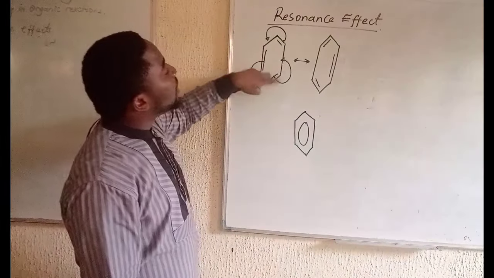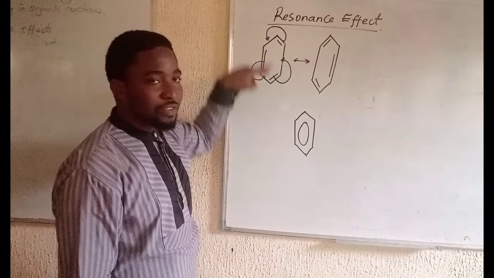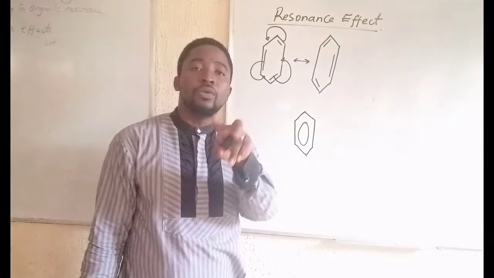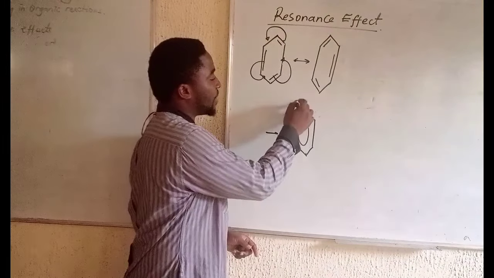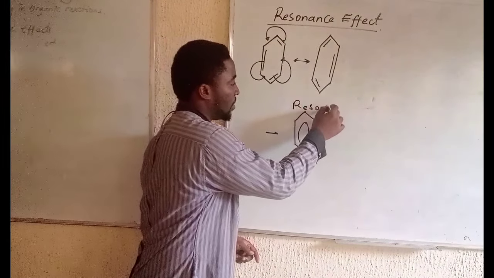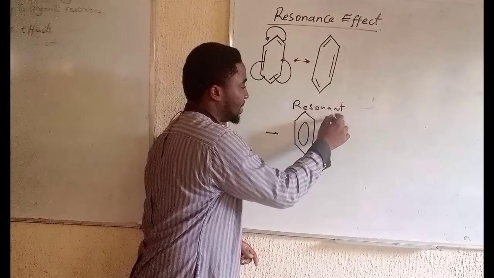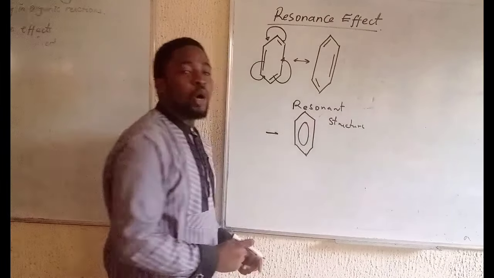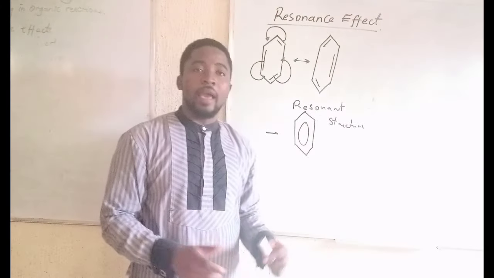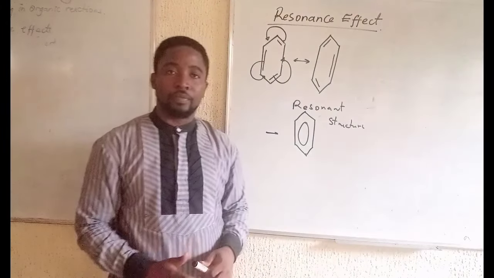The movement of these pi electrons across the molecule is what we call the resonance effect. And that is why this structure is called the resonance structure of benzene, which shows the movement of the pi electrons within the molecule.